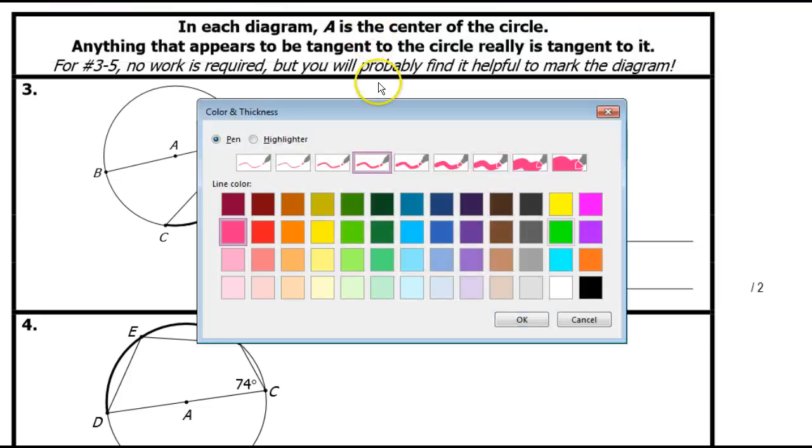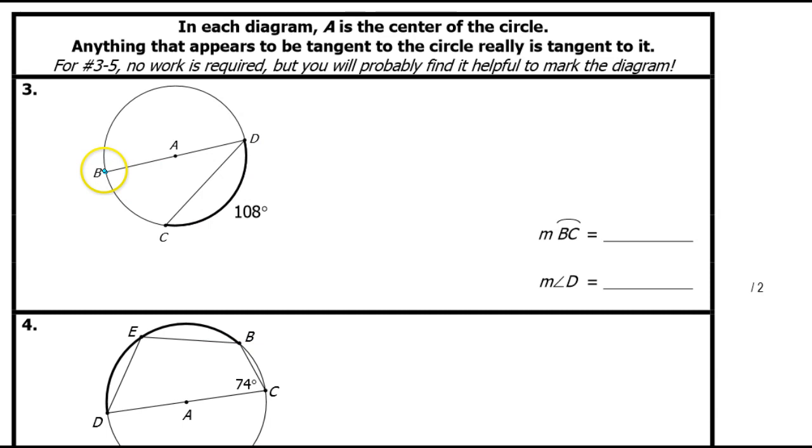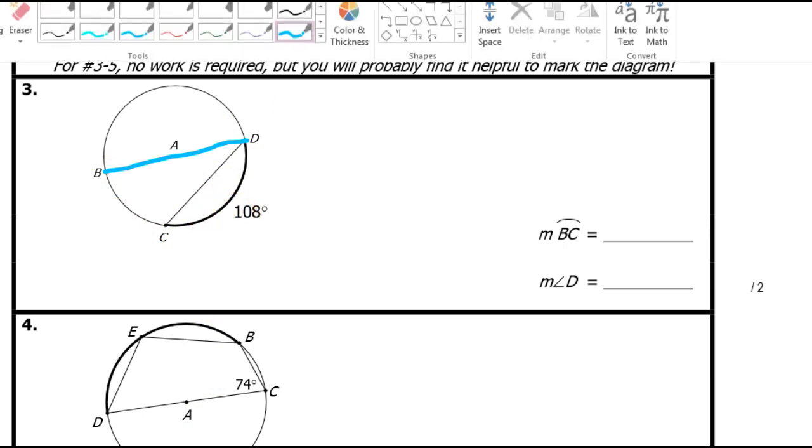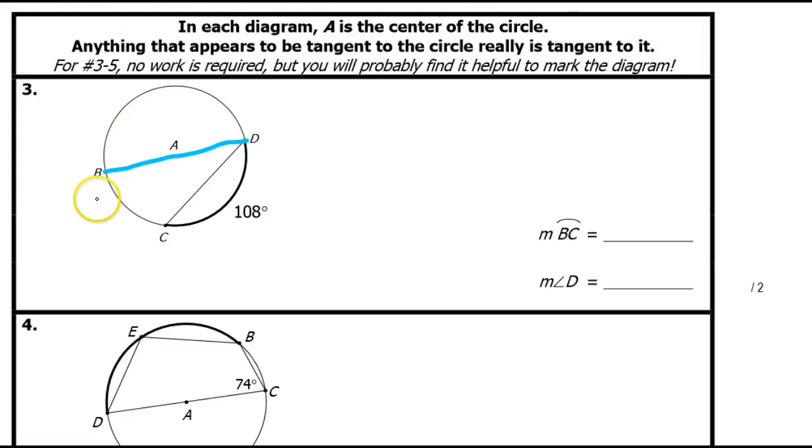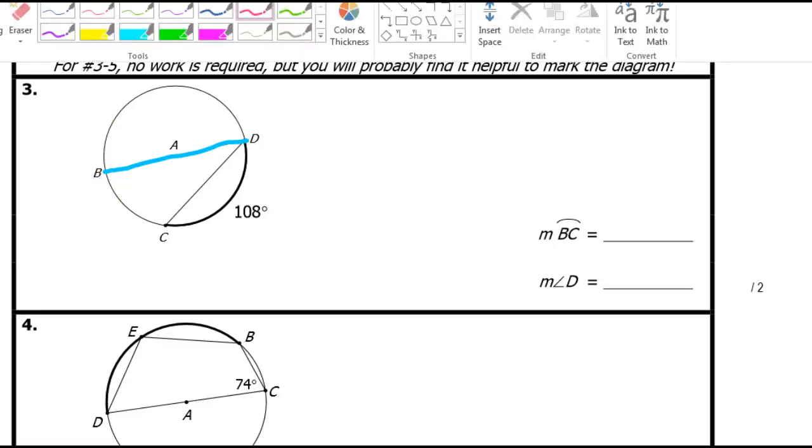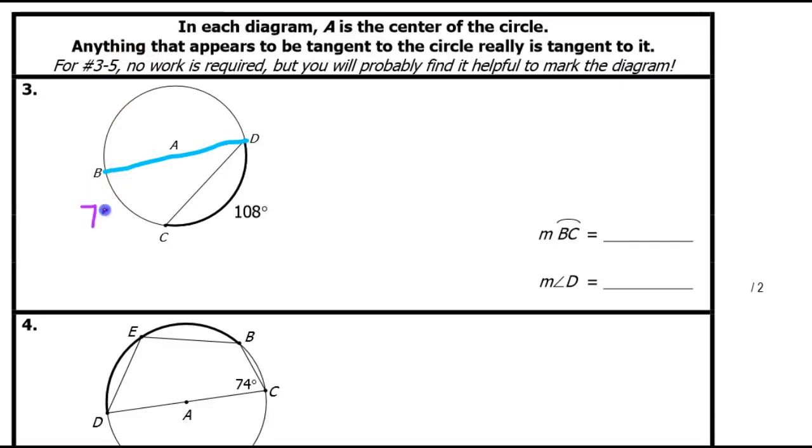Let's see. Okay, so here's a semicircle. There's the diameter. That makes this a semicircle. So if I subtract 108 from 180, that's going to leave 72. So that means I've got 72 degrees right here.